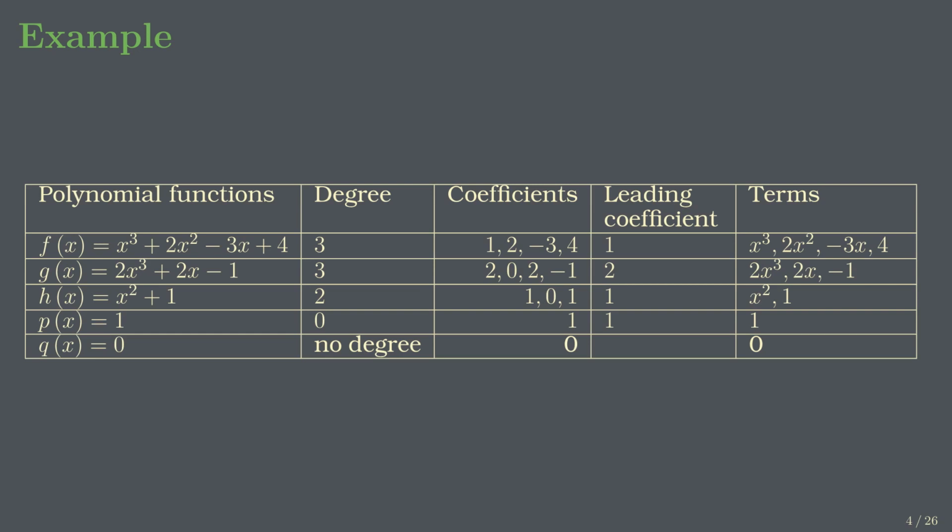Because its leftmost coefficient is actually 0, so we do not have the leading coefficient in this case either, right? So remember that whenever q of x equals 0, we do not have the notion of degree.